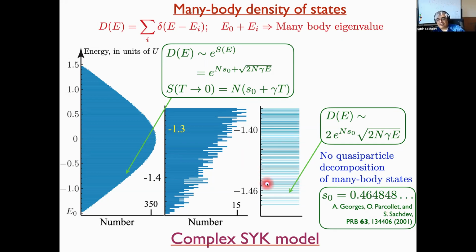But you can ask a different set of questions. What is the statistics of the spacing between these levels? And that's a much finer question at the very small energy level spacing. So there's no proof of that, but there's a lot of evidence, especially in the work by Steve Shenker and his collaborators, that the energy level spacing here does obey random matrix statistics.